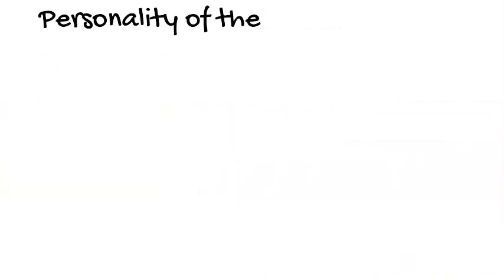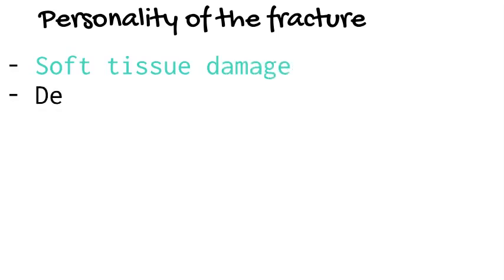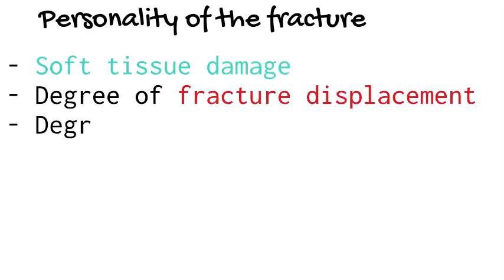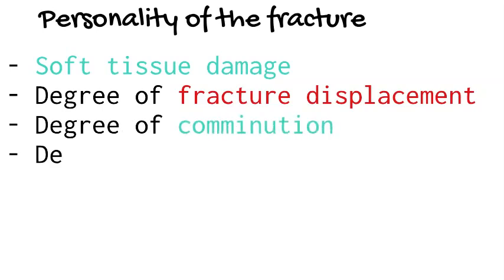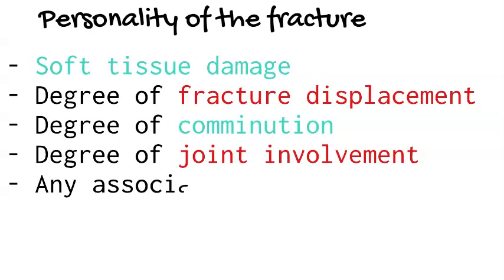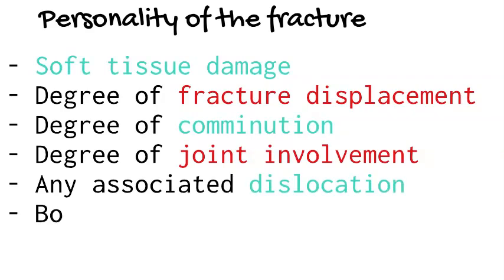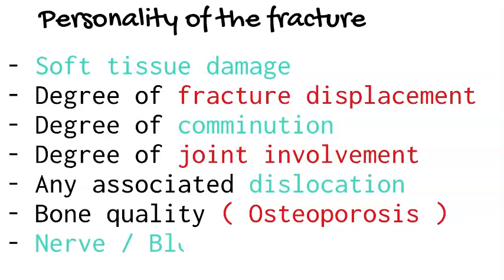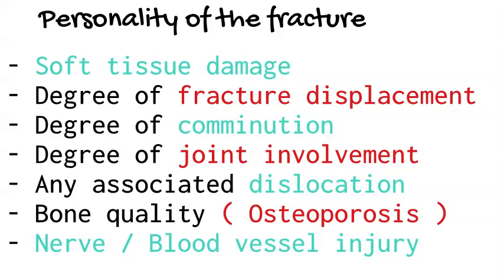Regarding personality of fracture, we need to identify the soft tissue damage, the degree of fracture displacement, degree of comminution, degree of joint involvement, any associated dislocation, the bone quality, whether osteoporosis is present, and nerve or blood vessel injury.